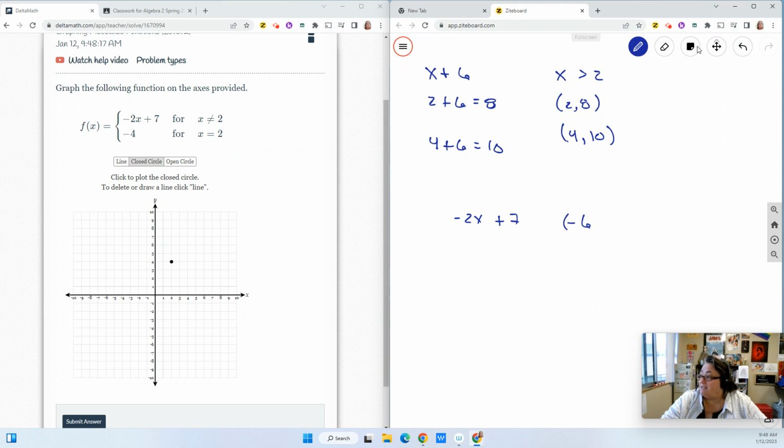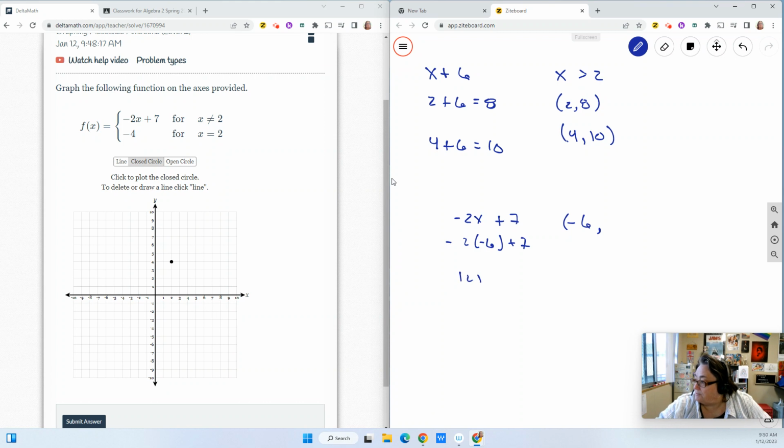And so if I'm going to plug in -6, I'm just making up a point, right? -2 times -6 plus 7. If I'm given something where I'm given an equal, like my other equation is like equals 2, I'm going to pick a point on each side of it so I can see the tendency in there.